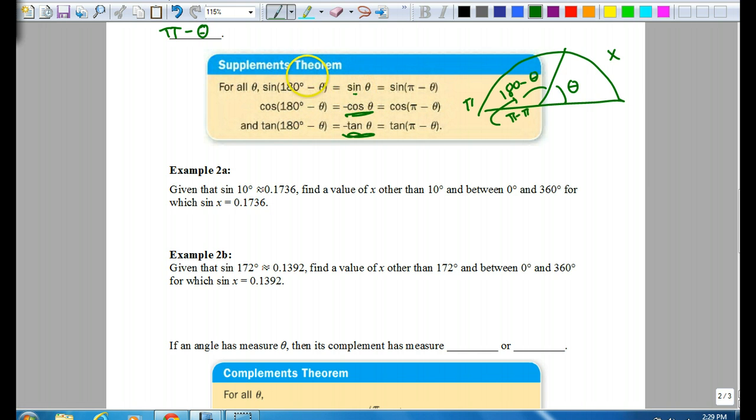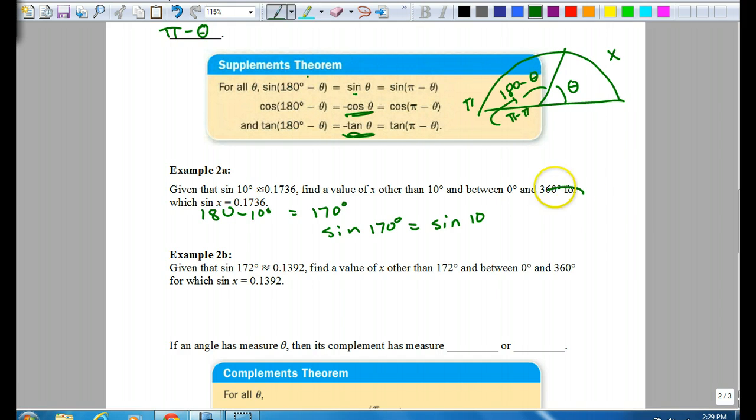So I'm going to use the Supplements Theorem. I can say 180 minus 10 degrees, which is 170, will give me the same value as sine 10. So sine 170 is equal to sine 10.